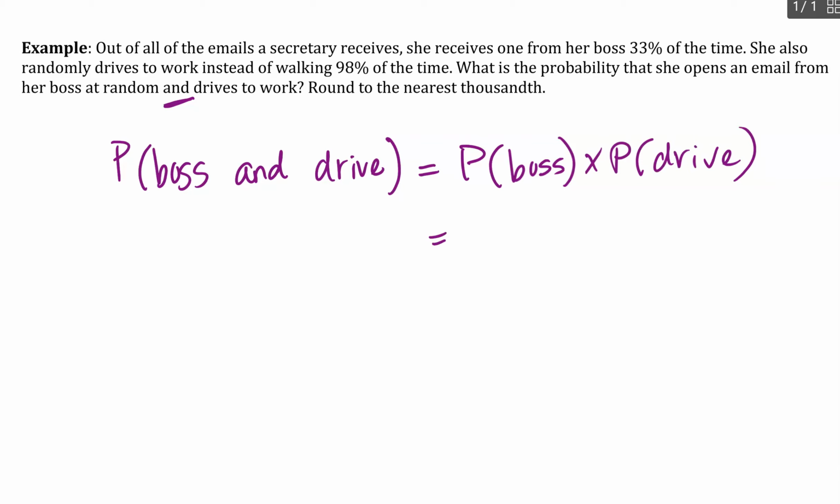So the probability of receiving an email from boss is 0.33, and driving to work instead of walking is 0.98. So when we multiply these together, we get about 0.323 when we round to the nearest thousandth.